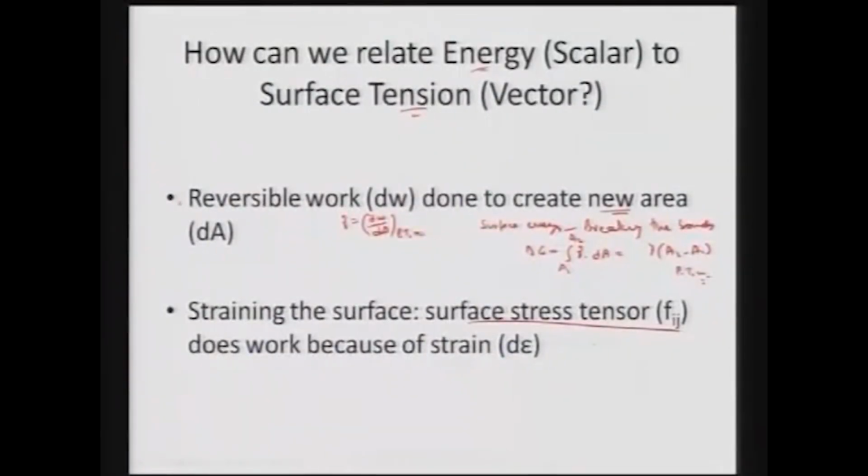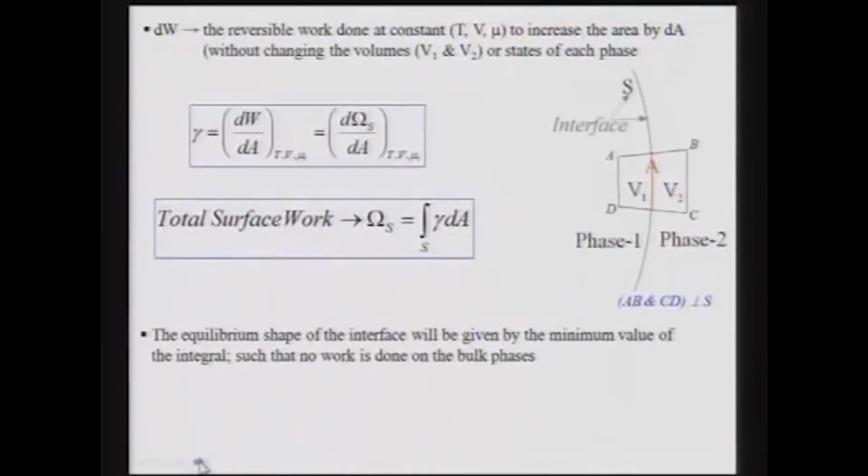So we require a surface stress tensor that has to do work because of the strain which is to be induced on a particular surface orientation. That helps us relate the energy to the surface tension, which is a vector quantity. So we require certain energy to deform a certain orientation of a crystal, assisting the surface tension which does work on a particular surface.